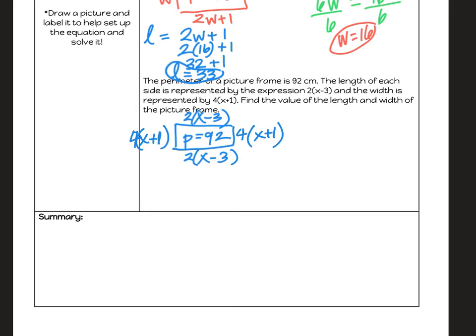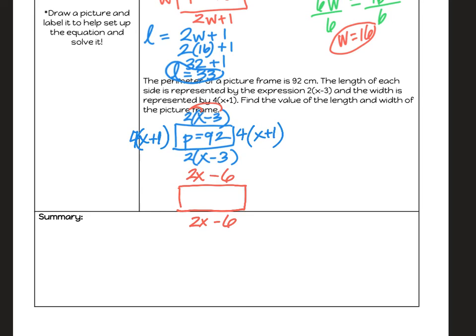So right now I have parentheses in each of these sides, and I have a number outside. So before we even get started with this one, I want you to distribute. So we're going to totally rewrite this picture frame. And so when I distribute, I'm going to get 2x minus 6, and that's on both of these lengths.